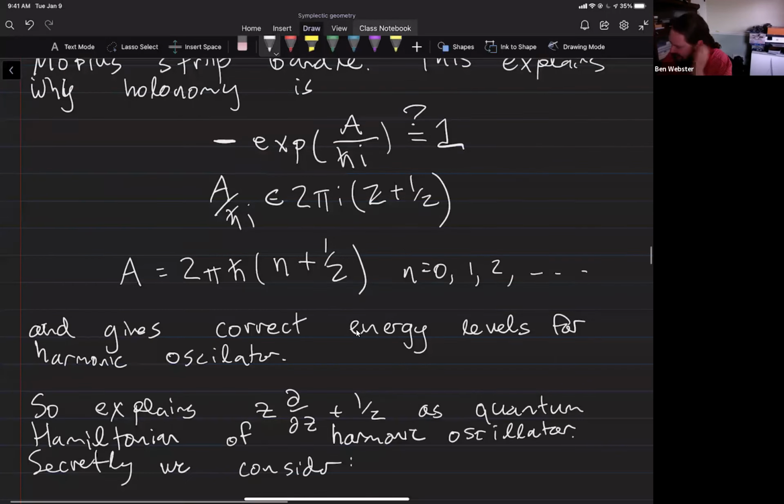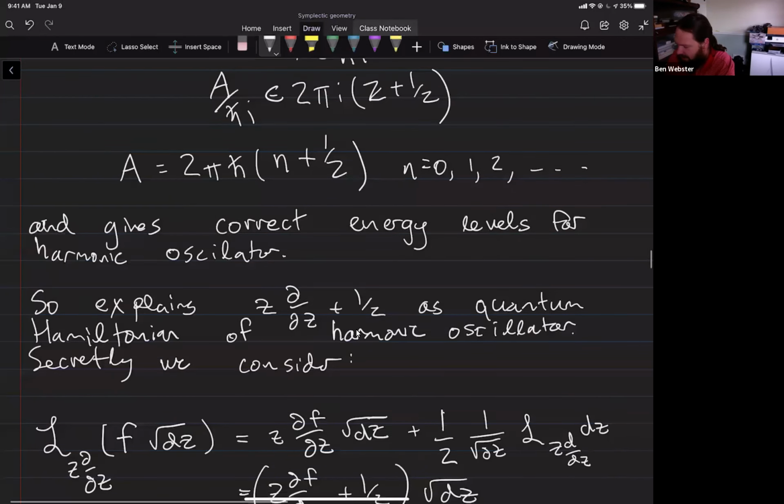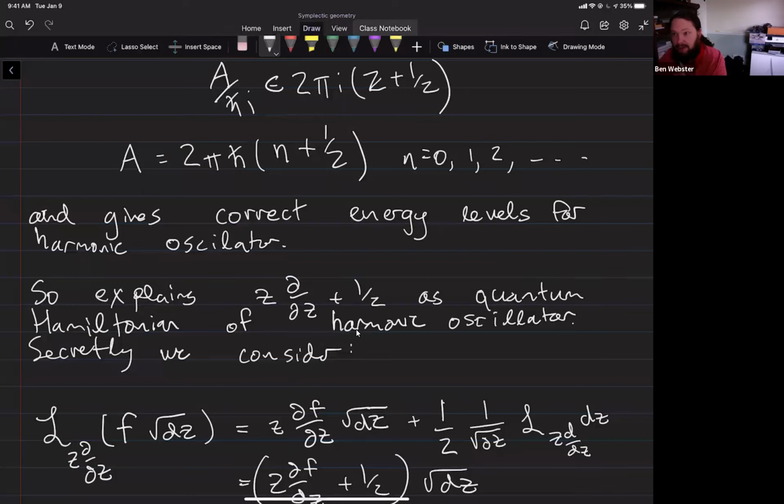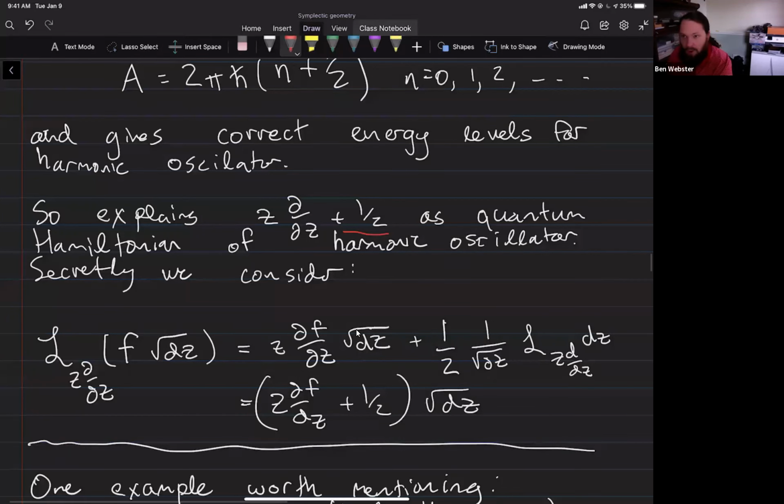There's another way to see where this half comes from. I talked about the harmonic oscillator in terms of the Siegel-Bargmann space, and I had kind of unmotivatedly said there's this plus half here. Secretly, where that comes from is you aren't just differentiating functions.